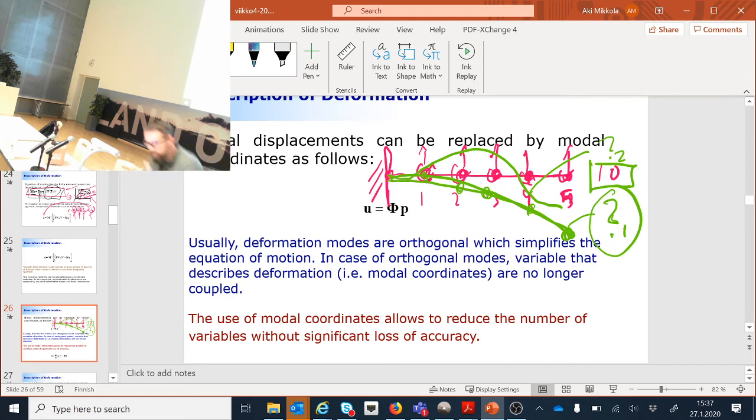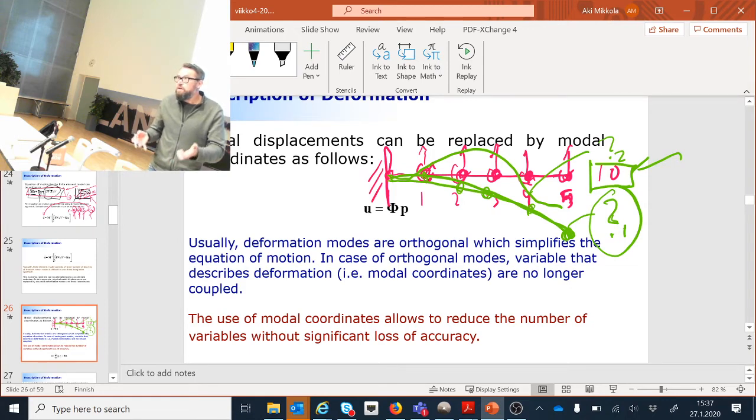Now the beauty of the method is this: I have here 10 degrees of freedom. If I were dealing with a finite element model with 100,000 degrees of freedom, how many different ways could I extract from that model? What's the number that I said in the beginning? 100,000, right?